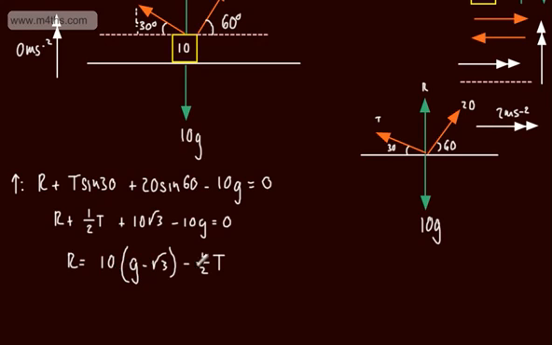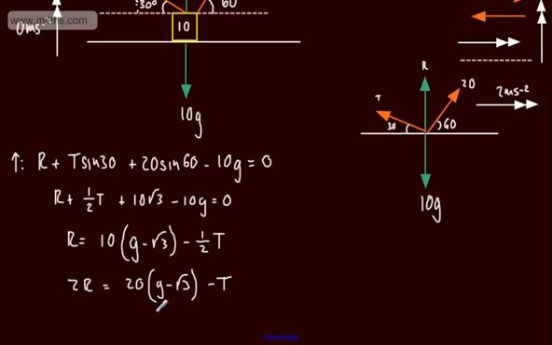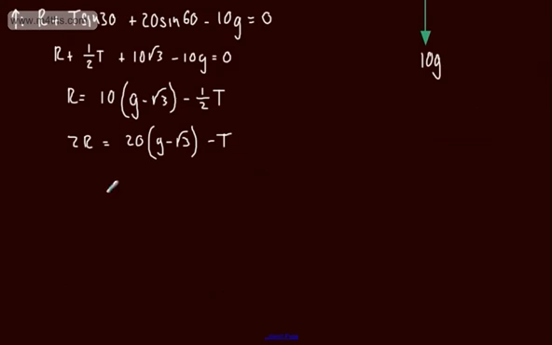You could even at this stage multiply by 2. You could say 2R is equal to 20 lots of G minus root 3 minus T. So that's 2R in terms of T, or you could have T in terms of R. This is entirely up to you. As you can see at the moment we have 2 unknowns.